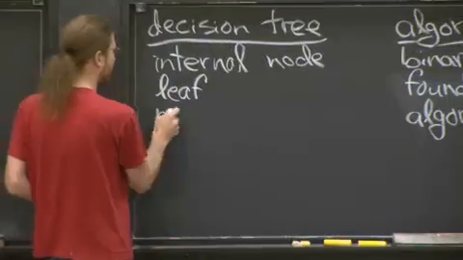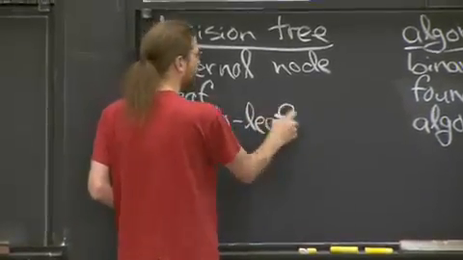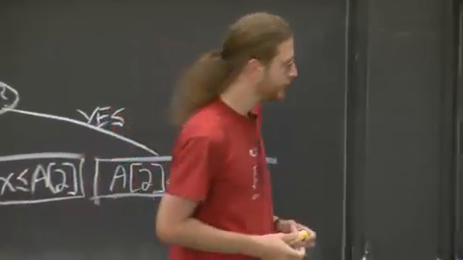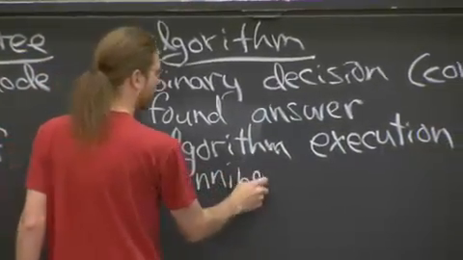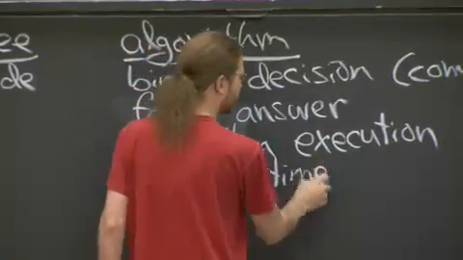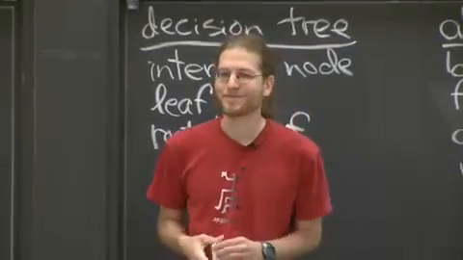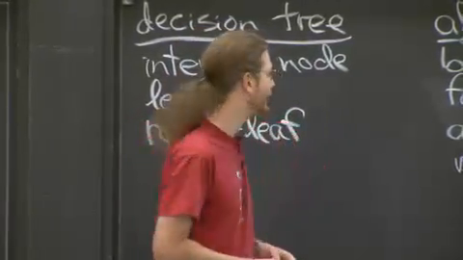This is what I normally call a root to leaf path, technically a downward root to leaf path. Good. How about the running time of that execution? How long did it take? Keep going. Log n. Log n in binary search, but in general? The length of that path, yeah.